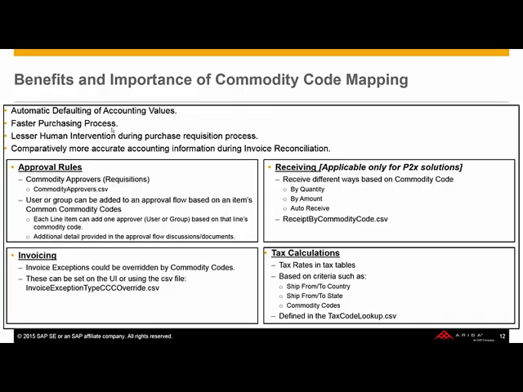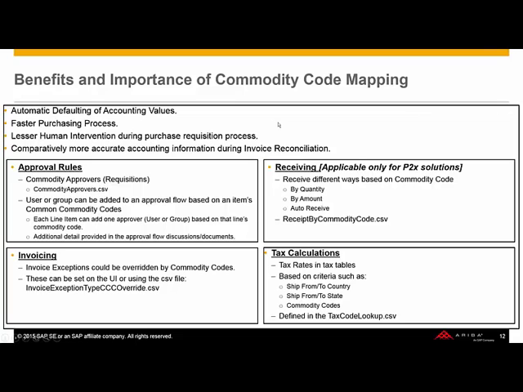Not all users will be aware of what accounts to use. And it allows less human intervention. We all know that the more human intervention, the more chances for human error. This way you're streamlining and automating your process. And in the end, you wind up with comparatively more accurate accounting information, especially during invoice reconciliation.